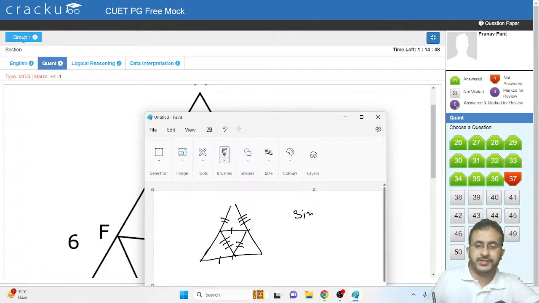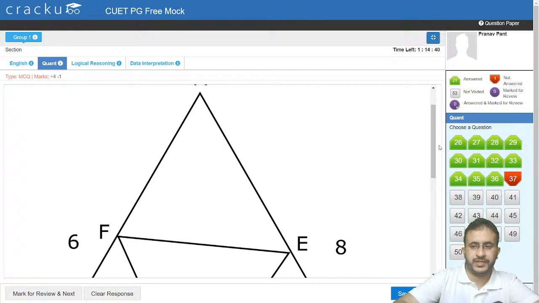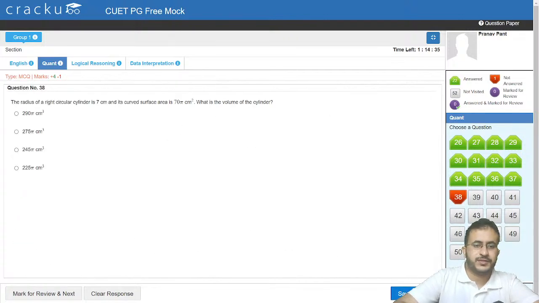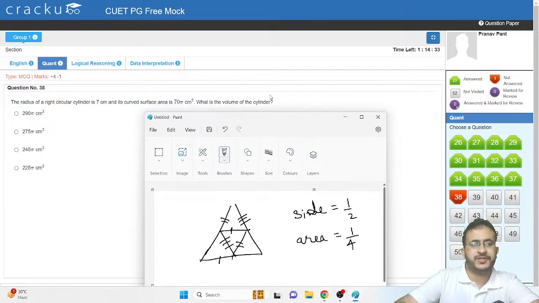So side का ratio होता है 1:2. So area is in the ratio 1:4. Okay, so the area is 1/4, 1:4. Direct answer है. You should know this answer. No matter whatever is the length of side.